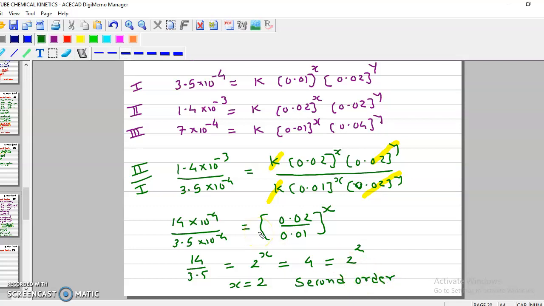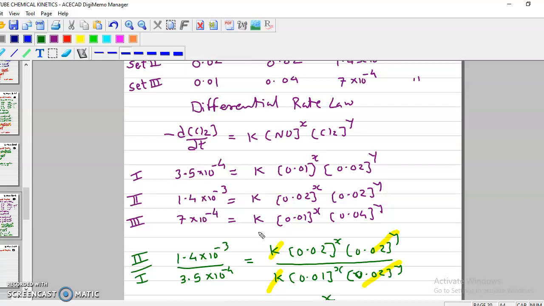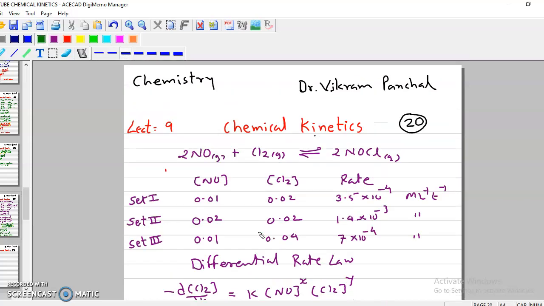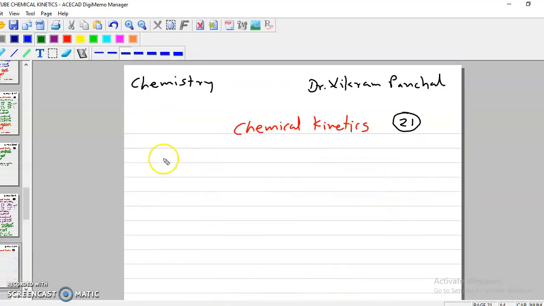Now we will find Y, and for Y we will take the ratio of set 3 and set 1.